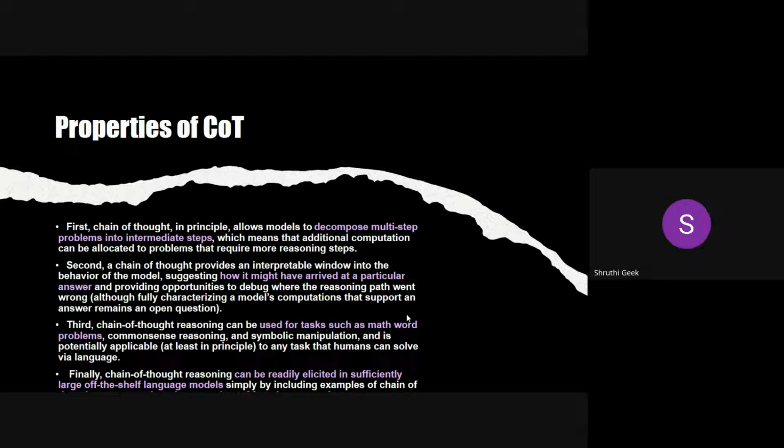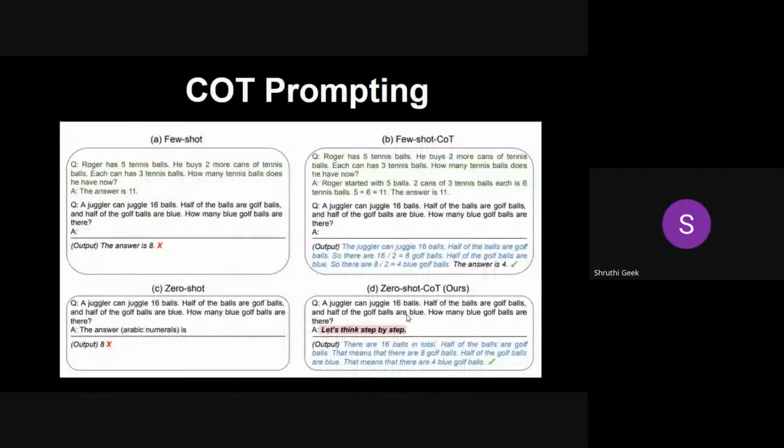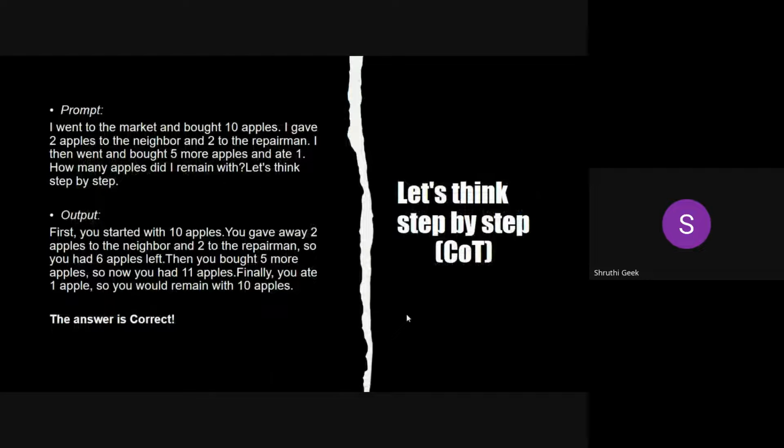Then it tries to break down into smaller steps. So it tries to decompose these into intermediate steps. When I say intermediate steps, it's going to take the first step. Say, for example, you have this question here. I went to the market and bought 10 apples. I gave 2 apples to the neighbor and 2 apples to the repairman.